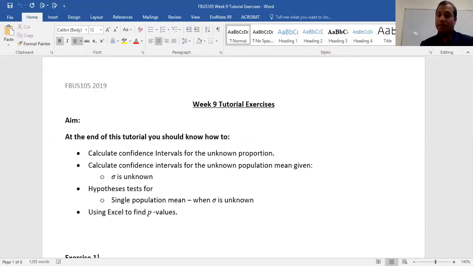First we'll try to cover the proportion, then we'll move to the CI estimation for the population mean, where the sigma value will be given, and then finally we'll see the confidence interval estimation for the population mean where the sigma value is unknown. So that's what we have covered in the last 2 weeks, right?